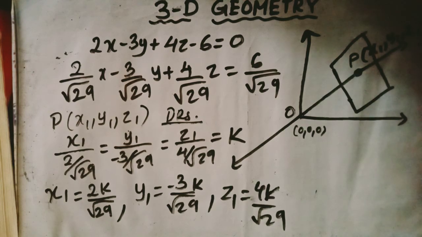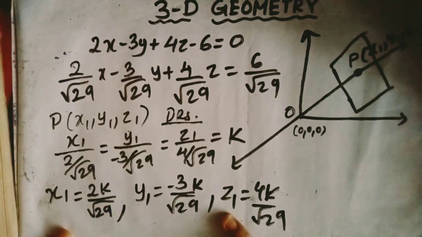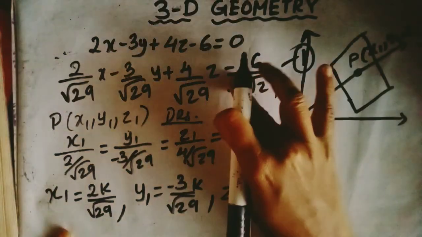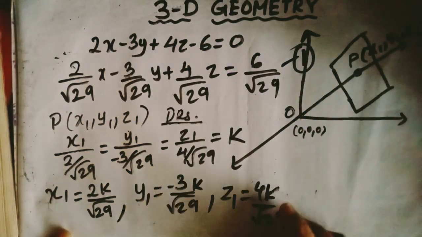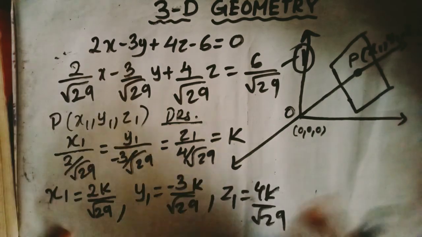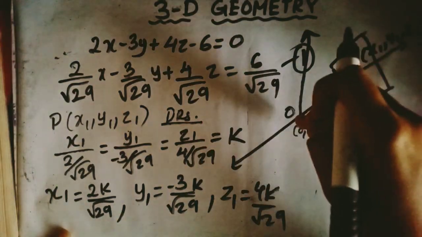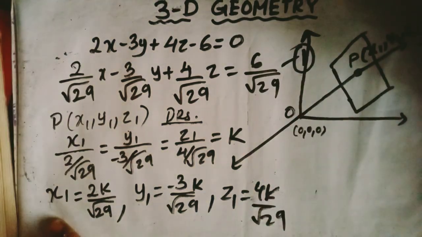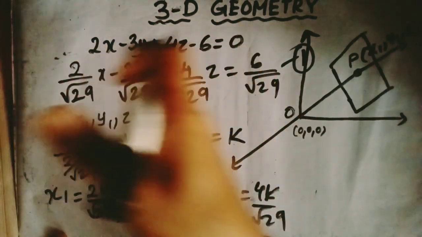Now you have to substitute this x1, y1, z1 in this equation, that is equation of the plane. Okay, so that you will get the value of k. We can substitute in this equation because it is on the line OP, that line OP is on that plane, so we can substitute these points over there.